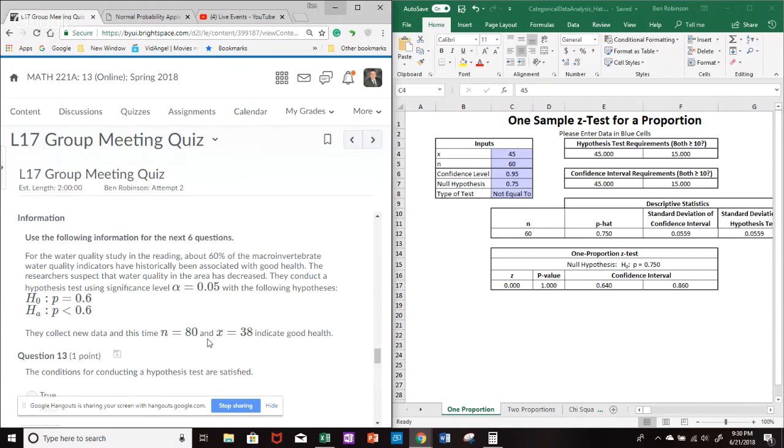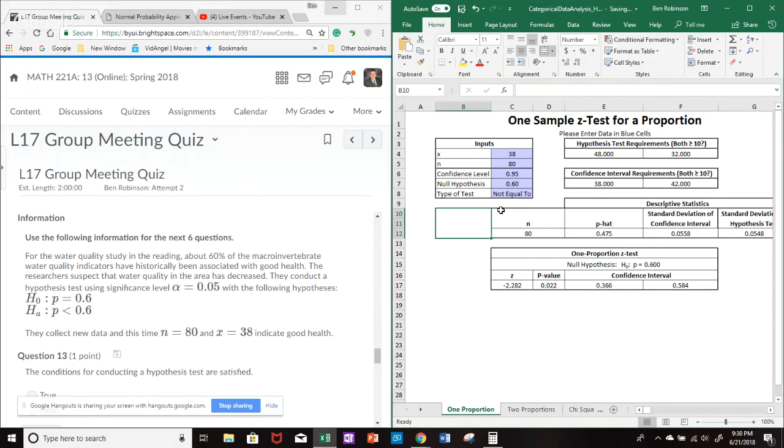They conducted a hypothesis test using significance level alpha equals 0.05, with the following hypotheses: null, P equals 0.6, and alternative, P less than 0.6.